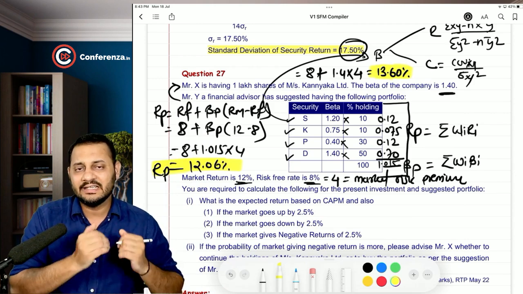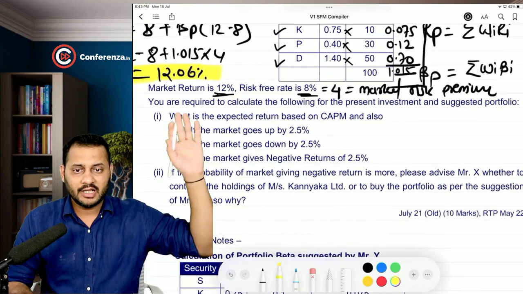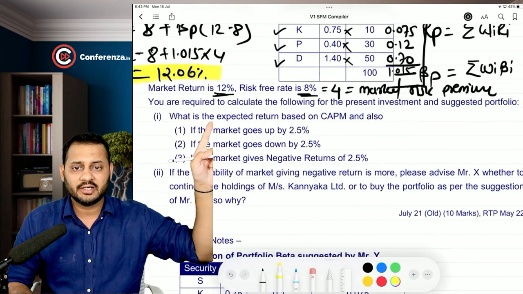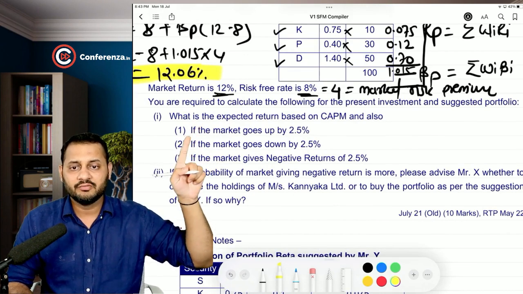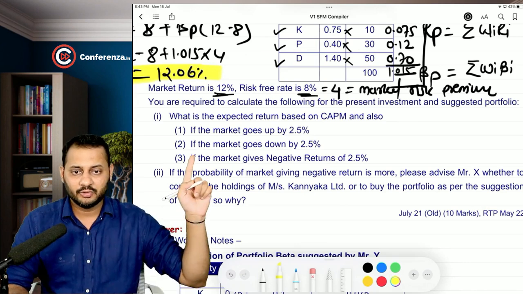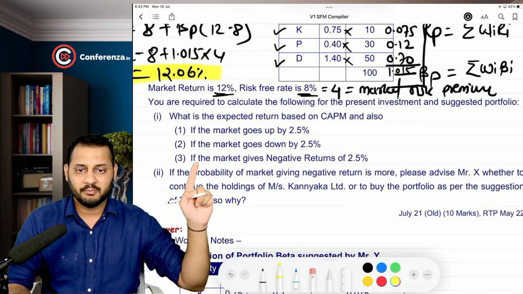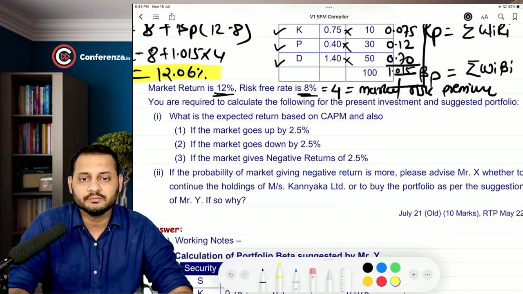Now let's see further what the question is actually asking us. You are required to calculate the following. What is the expected return based on CAPM, and also if the market goes up by 2.5%, market goes down by 2.5%, market gives negative return by 2.5%. See, what do you mean by up and down?